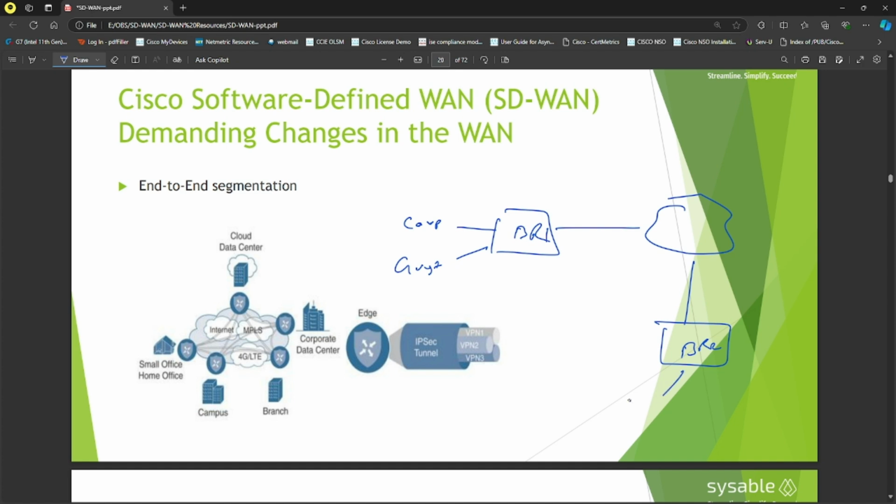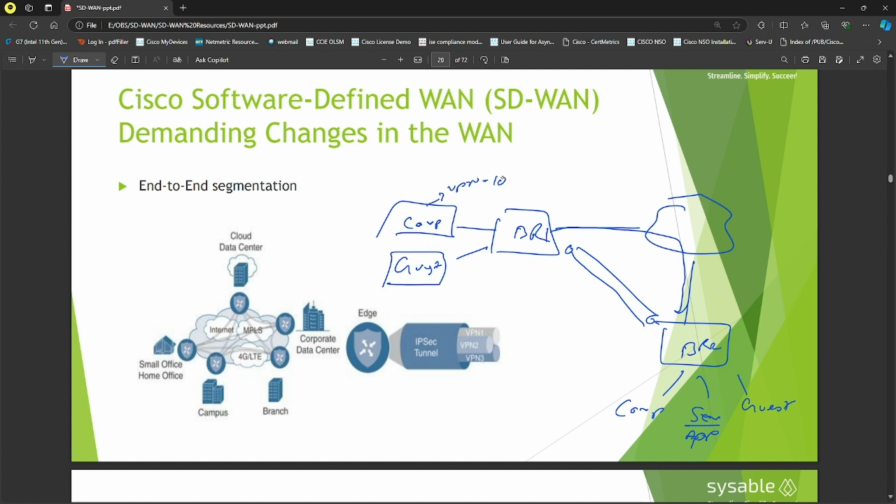Again in the branch, you have the corporate employees, the services or applications, and the guest over here. When we have this branch-to-branch connectivity, that means there is a tunnel with a single hop. Segmentation works in such a way that every LAN service is associated with a VPN and a VPN number.